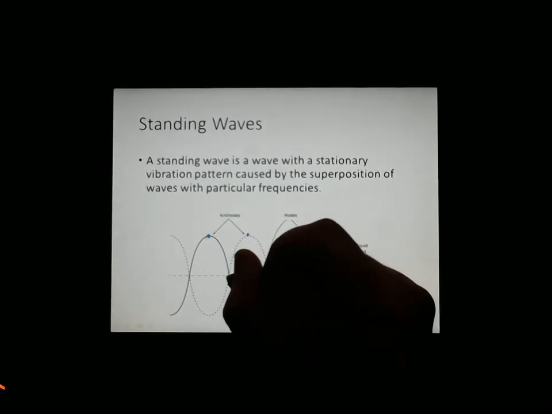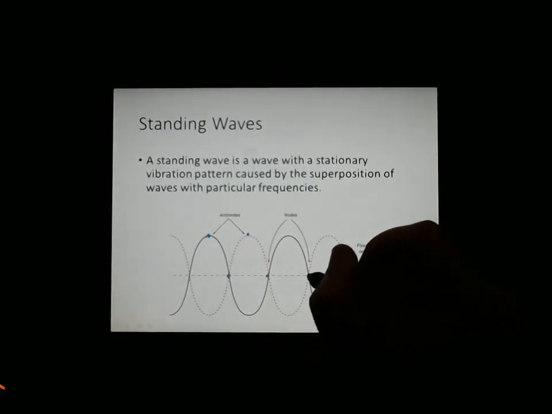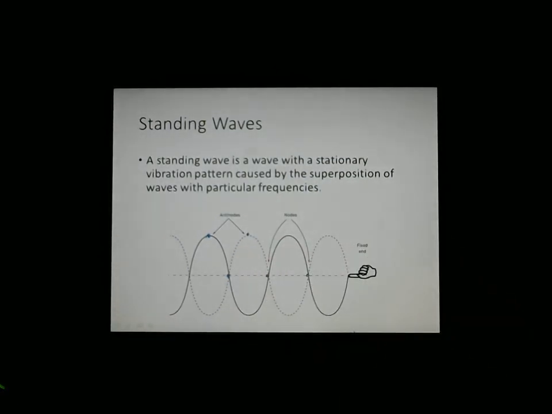Antinodes and nodes. Alright. Now, an antinode is a region of high amplitude, and regions of no amplitude are called nodes. Now, the problem is the word anti often makes people think of nothingness, or of something being removed, which isn't the case here.